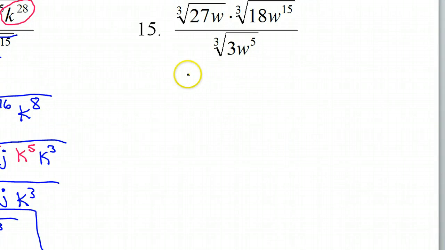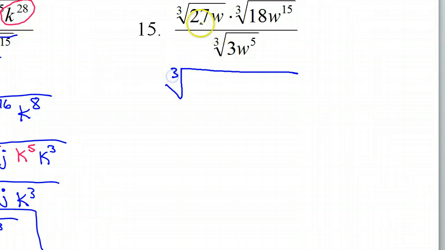Alright, number 15. Let's go ahead and multiply this together. So third root, 27 times 18.